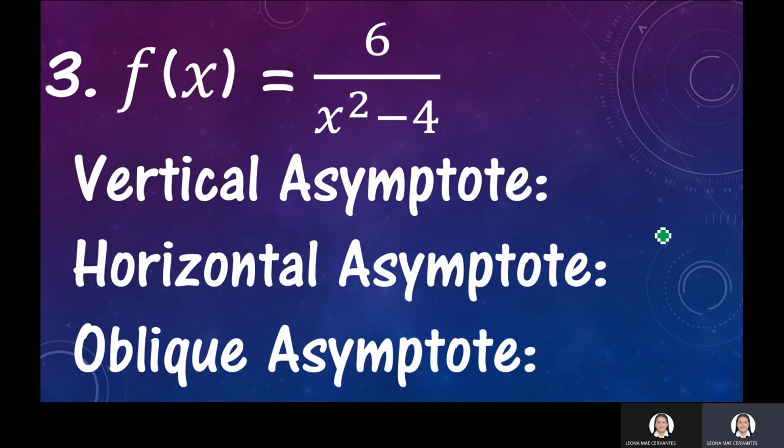Okay, next, number 3. f of x is equal to 6 over x squared minus 4. Find the vertical asymptote, horizontal asymptote, and oblique asymptote.